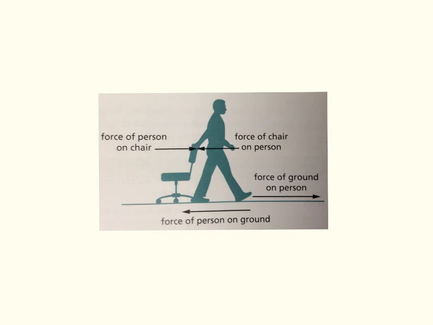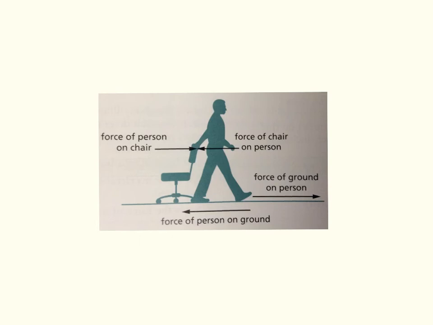So here we have the force of the person on a chair pulling this way, and we have the force of the chair on the person pulling this way. Two different objects. Those are equal. And here we have the force of the person on the ground, and we have the force of the ground on the person. Those two are equal.